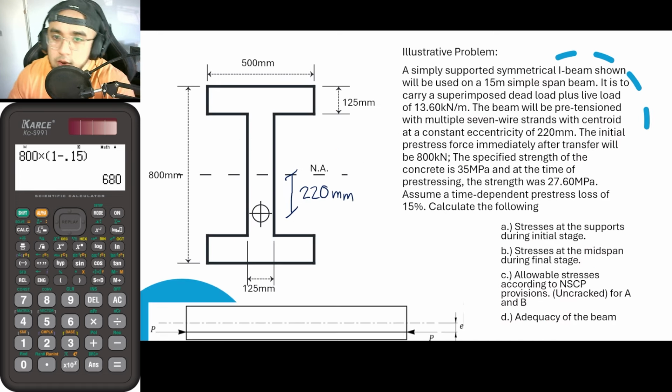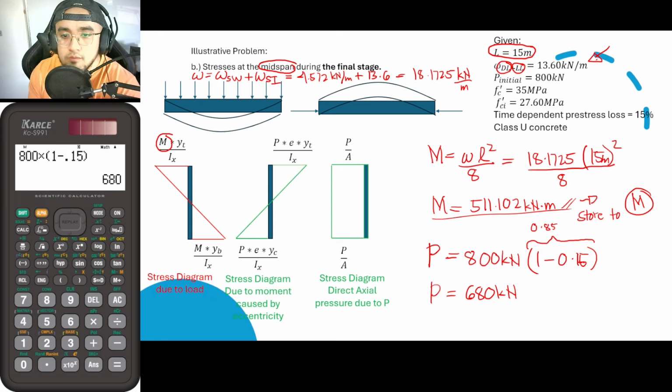So in Filipino, in Tagalog, kapag meron po kayong instantaneous loss, sa initial stage pa lang magbawas ka na. Kasi nga when you say instantaneous, at an instant, pagka pre-stress mo nawala agad siya. But then again, in our problem, it is time dependent, so it took time actually for it to be lost.